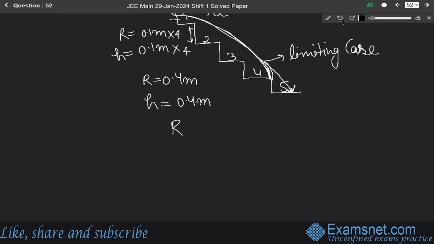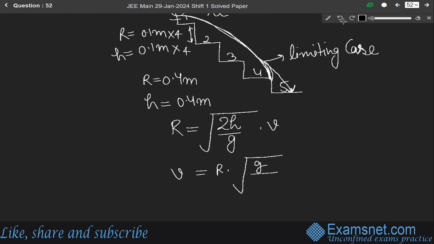And we know that for such a case, R is equal to under root of 2h over g into v. So this velocity v will be equal to r into under root of g over 2h. Now solving it, r is 0.4, under root g gravity is 10 over 2 into 0.4.